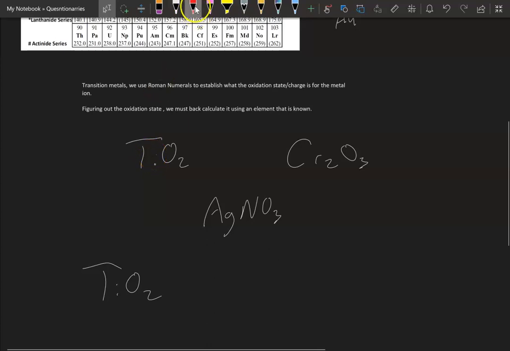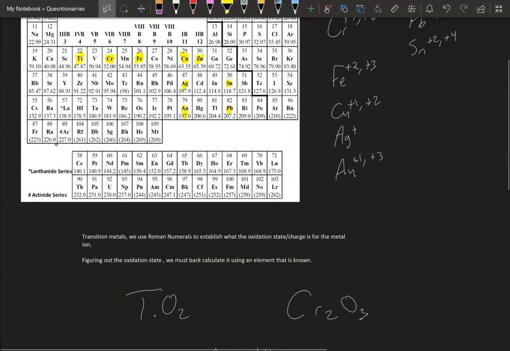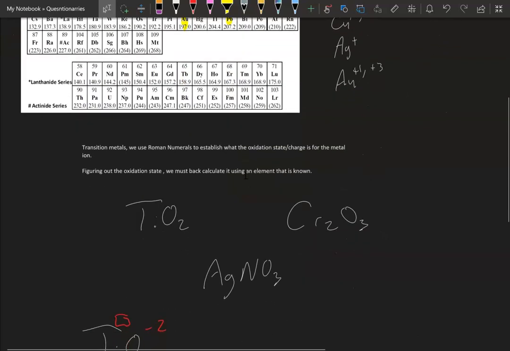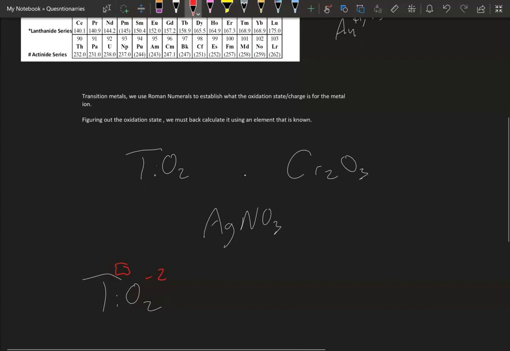What we do know is the charge of the oxygen. It's -2. You can look that up on the periodic table. It goes 1, 2, 3, 4, 3, 2, 1. So it's that pattern. As you go up, it's positive. As you go down, it's negative. Oxygen is a group 6A, so it's -2.